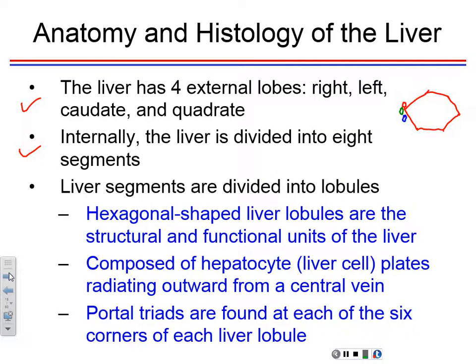So that's the portal triad. On each of those 6 corners, you have the portal triad, with this one carrying the bile from the liver sinusoids, and the bile canaliculi, which join up to form the branch here of the bile duct, which then carries it to the duodenum.